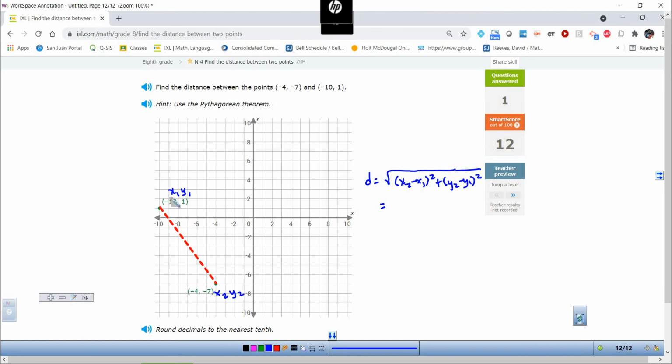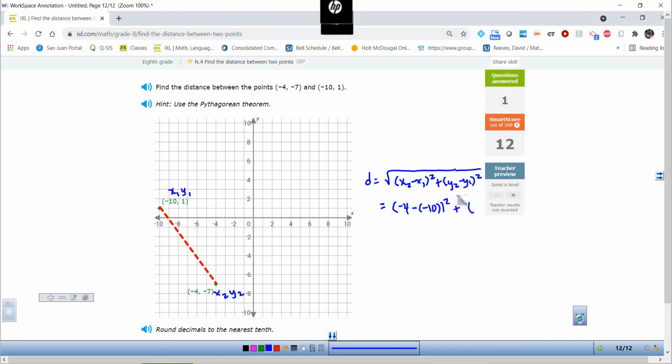Again, if you watch my previous video, you know that these are interchangeable. This could be your first point, and that could be your second point. It does not matter. But if I do x2 minus x1, I'm going to get negative 4, there's my x2 right there, minus, and be careful, it's not minus 10, it's minus negative 10, squared, right?